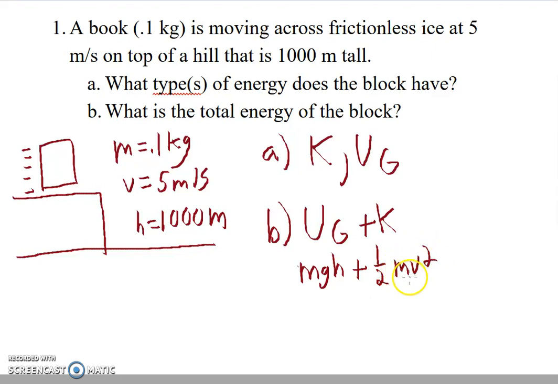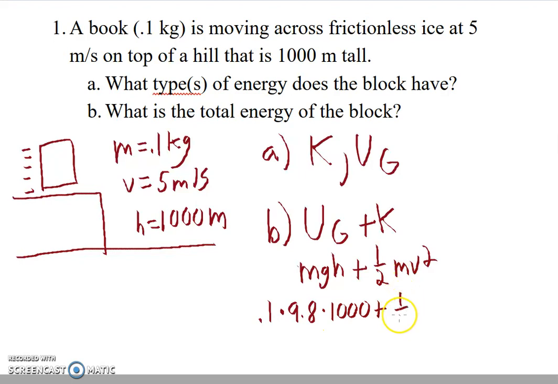So we have those two, and now we're going to write out what we got. So we have mass times g times h. We know the mass is 0.1. We know g, little g on Earth, we assume this is on Earth, is 9.8. We know the height's 1,000.